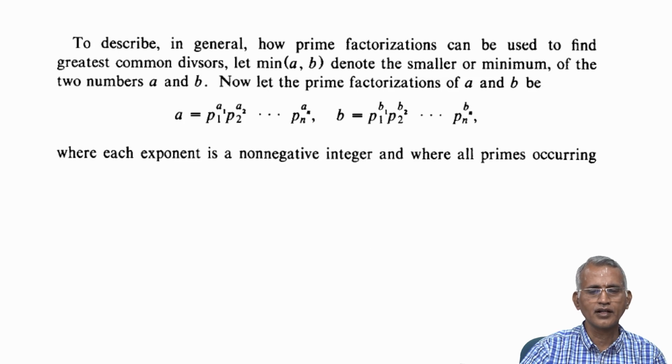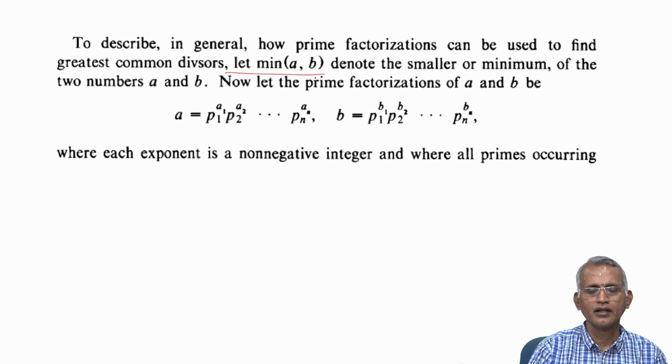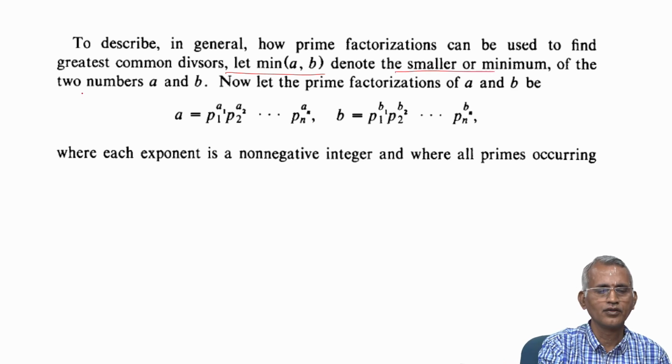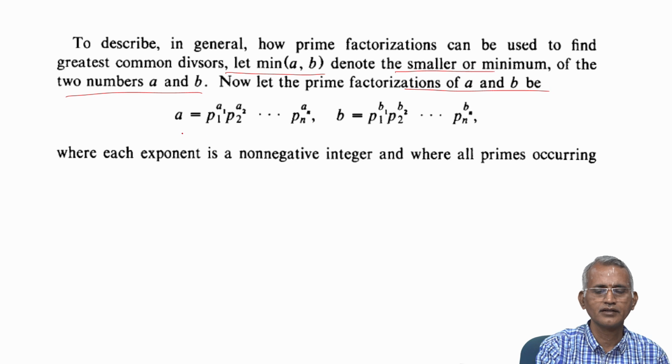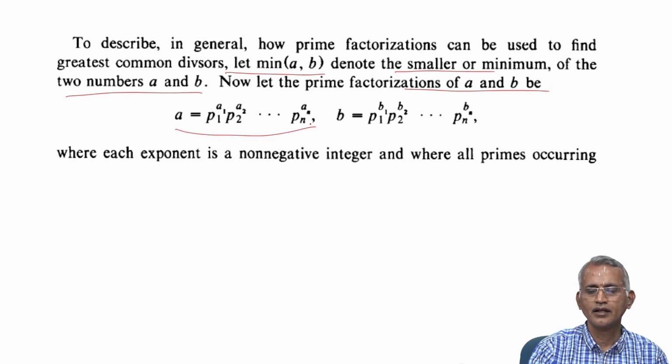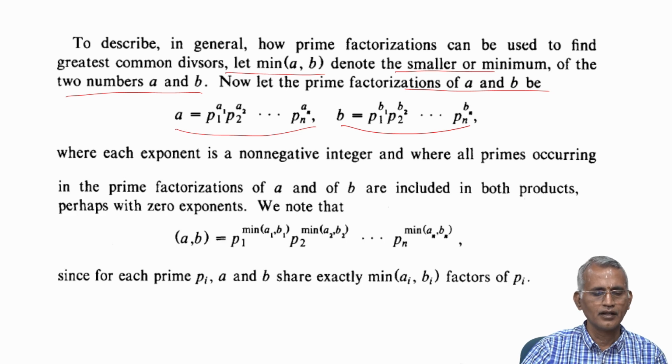In general, to describe the prime factorization and find the GCD, the common divisors, let min(A, B) denote the smaller or minimum of the two numbers A and B. Let the prime factorizations of A and B be written like that, where each exponent is a non-negative integer and all primes occurring in the prime factorization of A and B are included in both products, perhaps with 0 exponents.